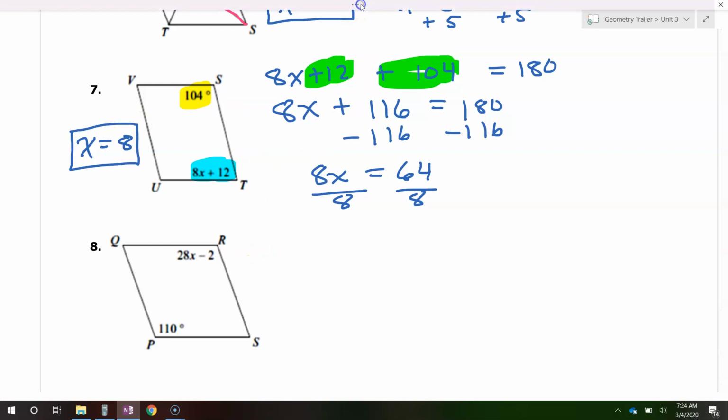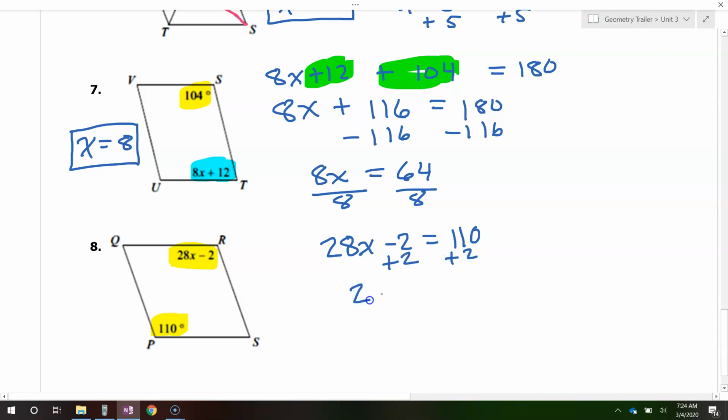All right, now for the last problem, these angles are opposite angles. And in a parallelogram, opposite angles are congruent. So I can just set these equal to each other. So I have 28x minus 2 is equal to 110. So of course I will add 2 to both sides, and 28x is equal to 112.